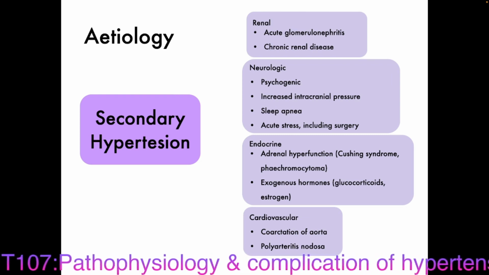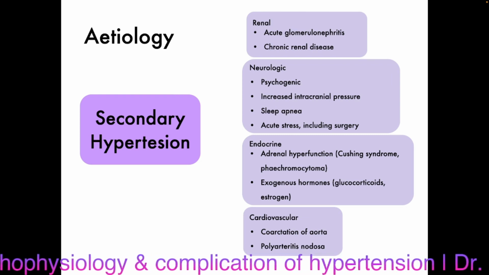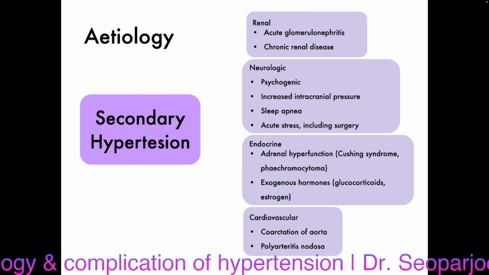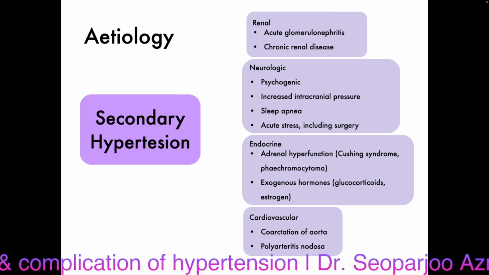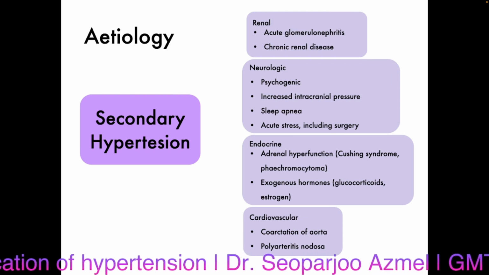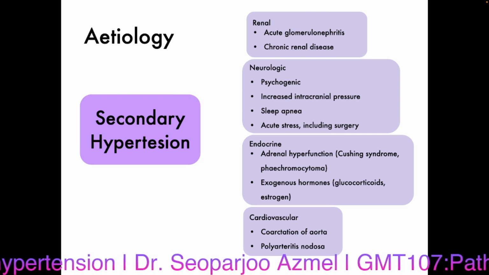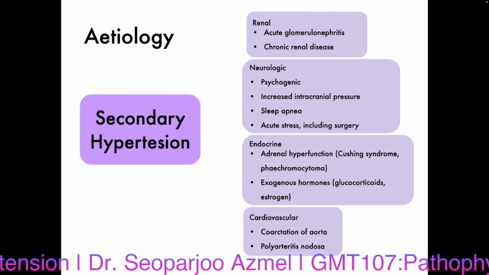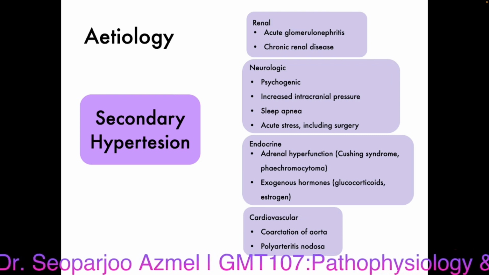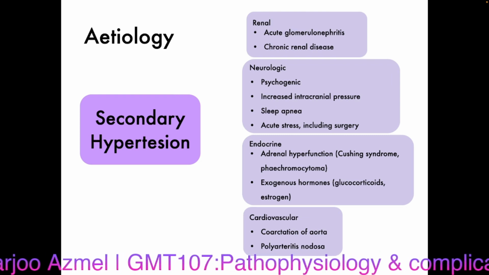Also, in patients with chronic renal disease, blood pressure control is not that good, so the patient will have hypertension. Next is neurological disorder, for example in patients with psychogenic disorder. This will cause hypertension, as do increased intracranial pressure, sleep apnea, acute stress, and also surgical stress.